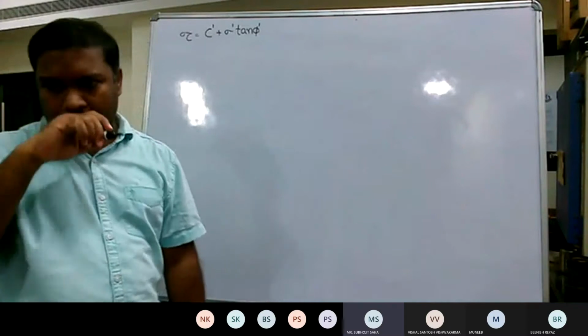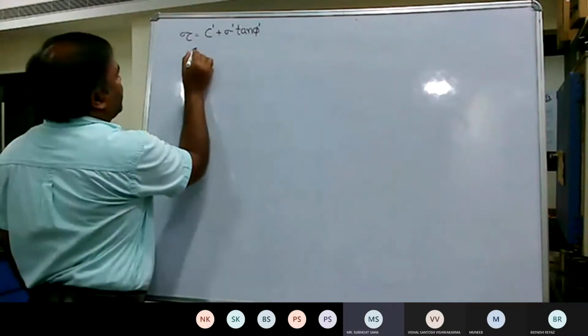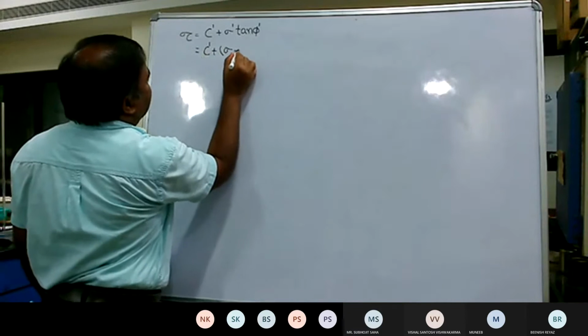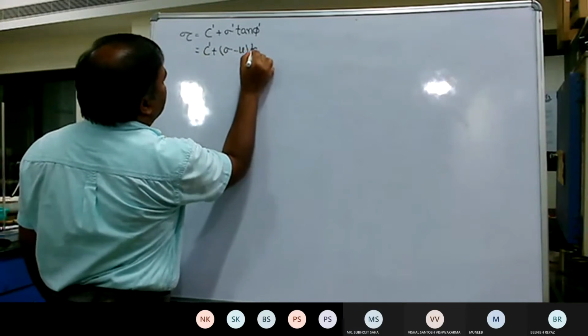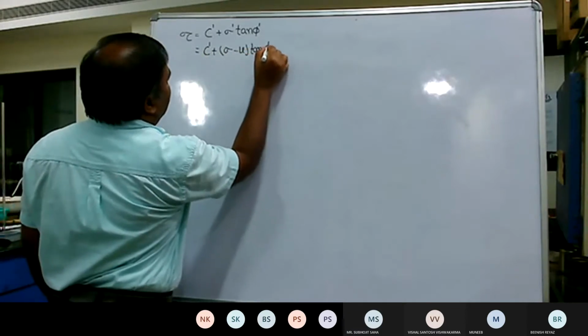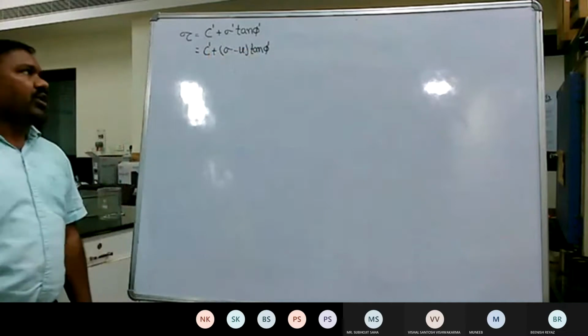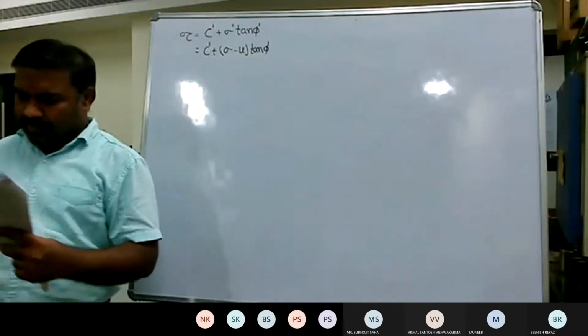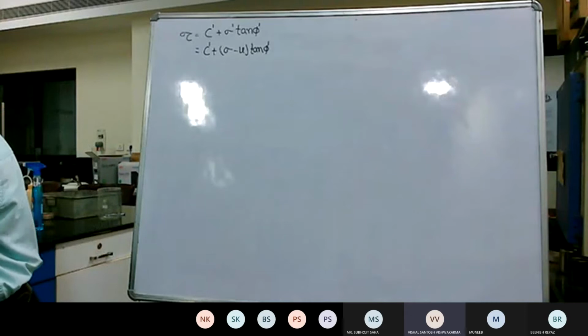Sigma minus u. So this is c dash plus sigma minus u into tan phi dash. Substitute everything and you will get the effective shear strength of the soil. Sir, this is the third question, sir.